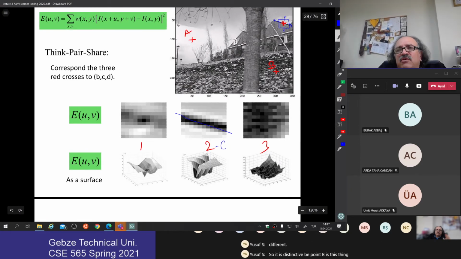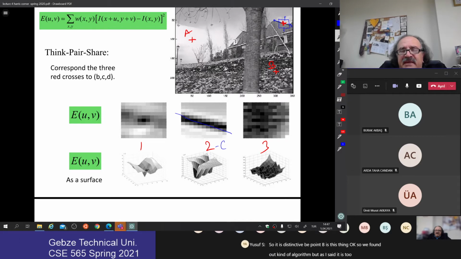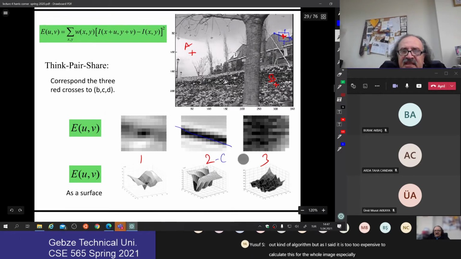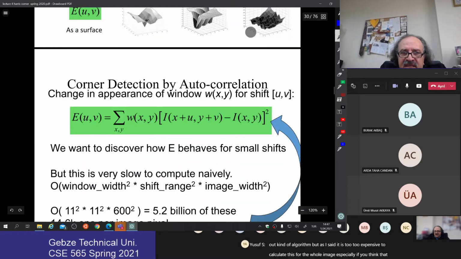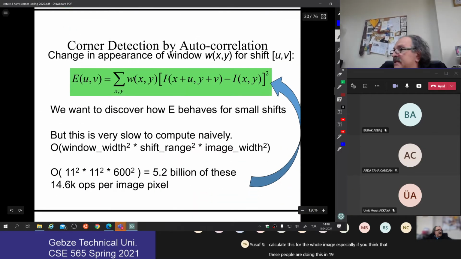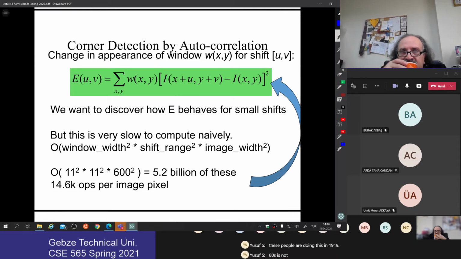So we found our kind of algorithm, but as I said, it is too expensive to calculate this for the whole image, especially if you think that these people were doing this in the 1980s. It's not going to be accepted. This is called corner detection by autocorrelation.